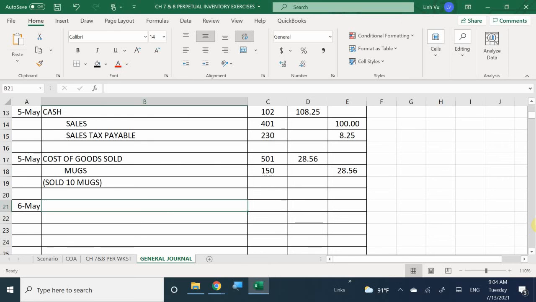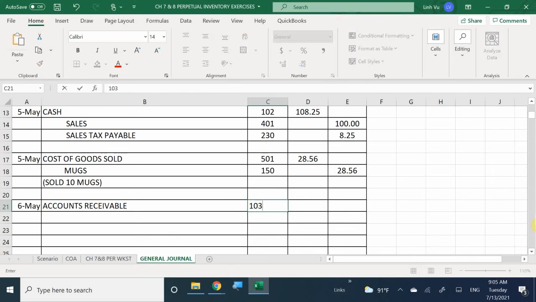This time I sold on accounts receivable, so I have an IOU for 103. I also sold stuff and charged sales tax. In this case, sales was 401 and the tax account number 230.